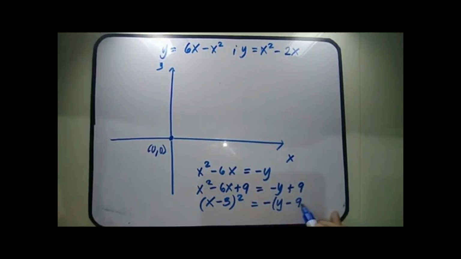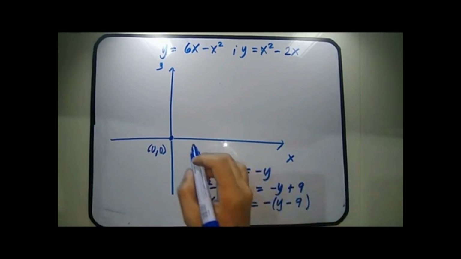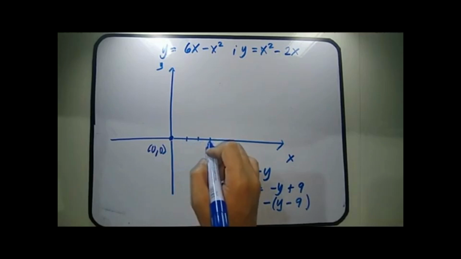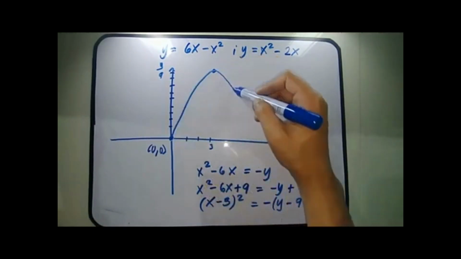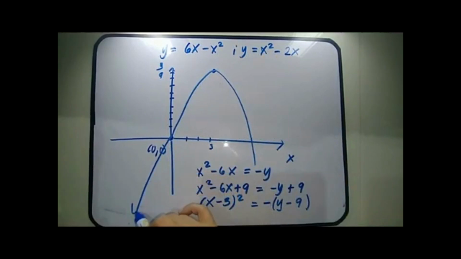So we factor out negative 1. So h is 3 and k is 9. So that is our vertex there. So y is negative, therefore the graph is projected downward. So this is 6x minus x squared.